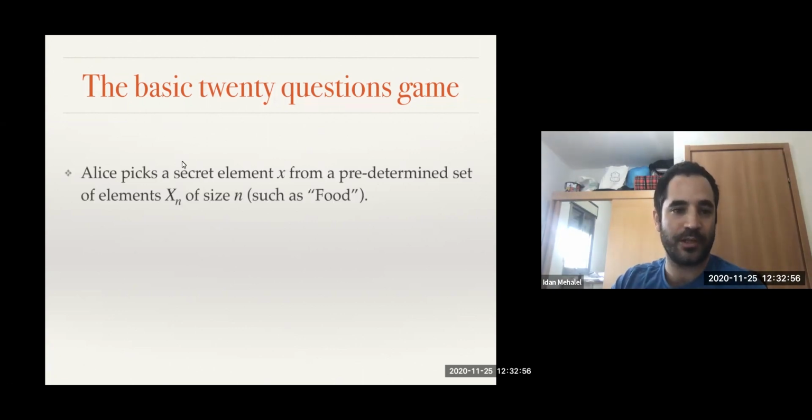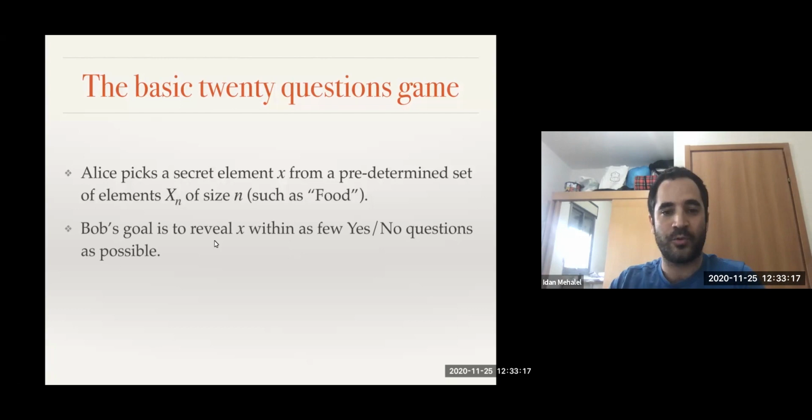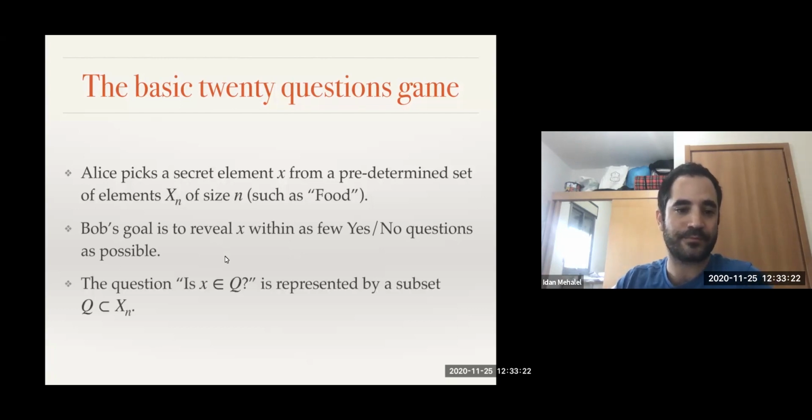So more formally, the game is, in our context, played between Alice and Bob. So Alice picks a secret element X from some predetermined set of elements, which we call Xn, which is of size n. For example, it could be all possible food in the world. And Bob's goal is to reveal X within as few yes-no questions as possible.